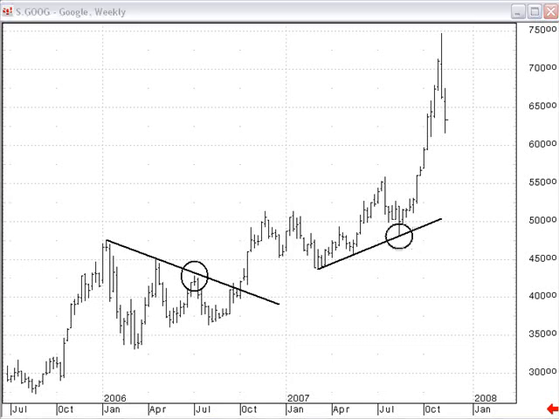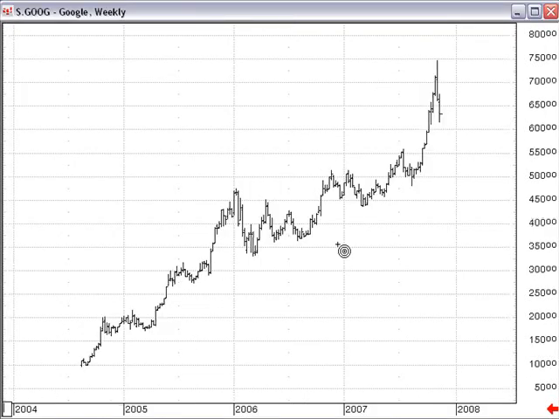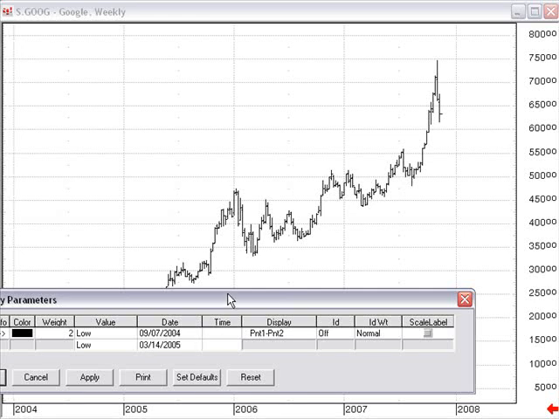And to give you a better idea of that approach, let me bring over another chart. Here's a price chart of Google. And if you simply connect the lows here, you'd be very surprised what actually develops when I extend that trend line.